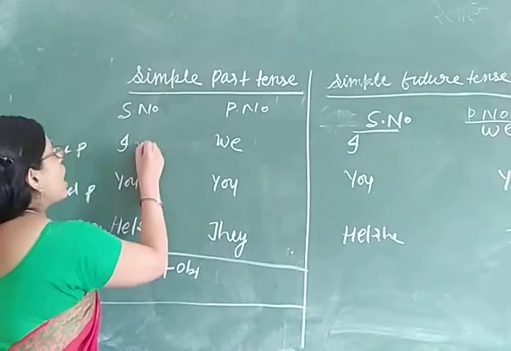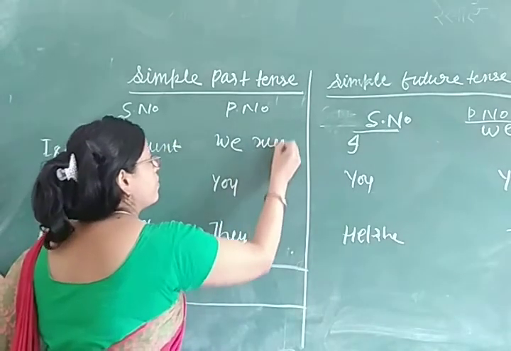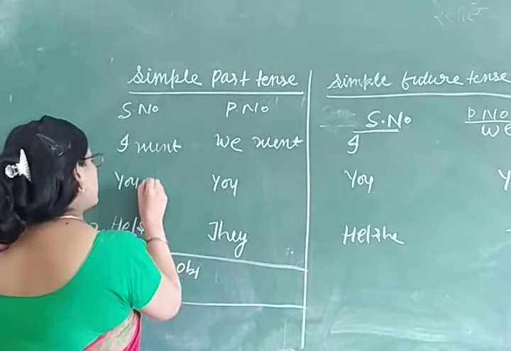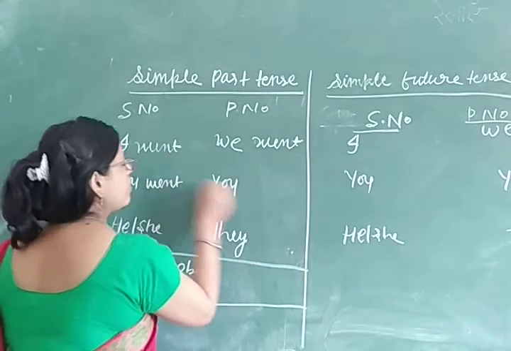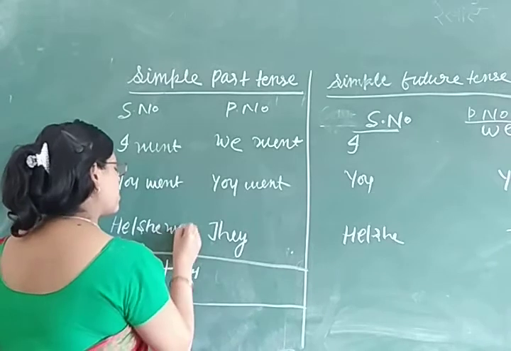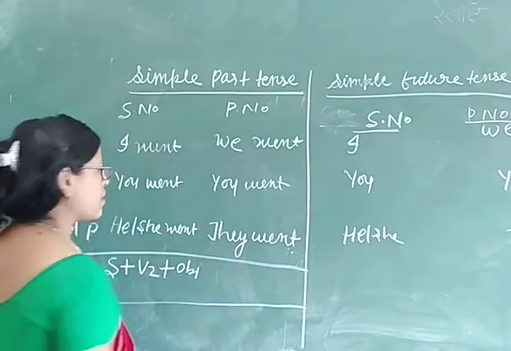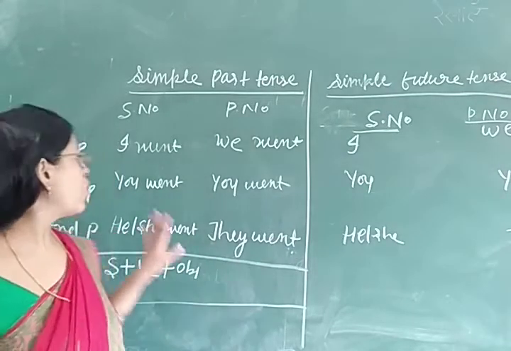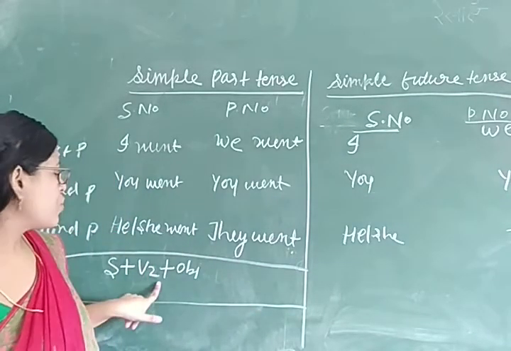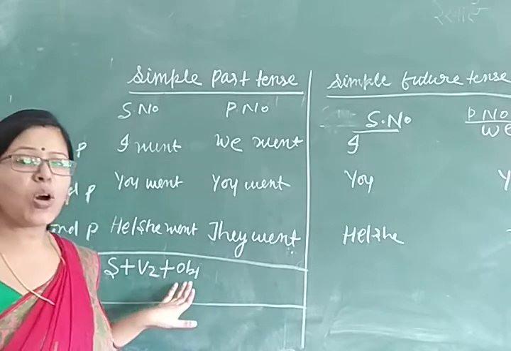Alright, so here I am going to take example of very easy verb, that is went. So I went, we went. Everywhere we will write this one. You went, she went, they went. Alright. So everywhere I have used V2, subject plus verb second form and then object.